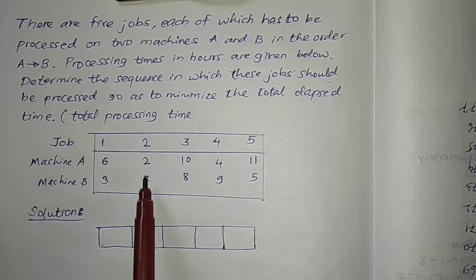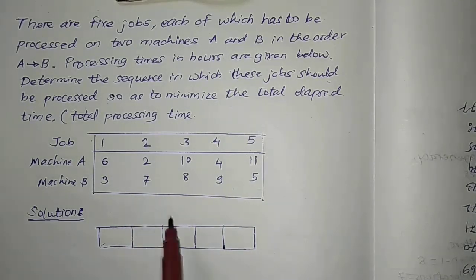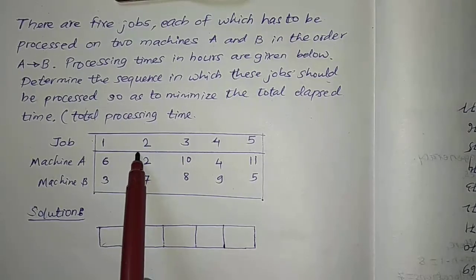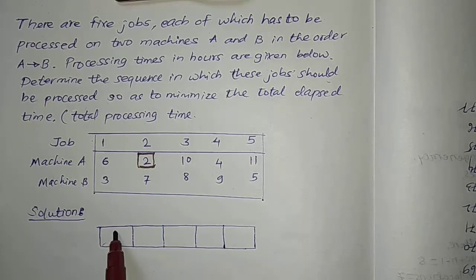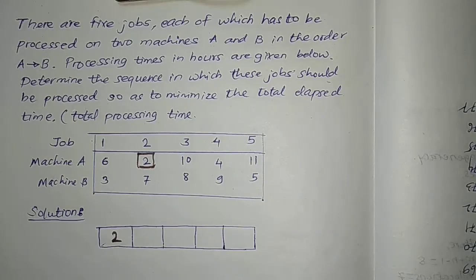Now if you observe here, this is the smallest processing time in the given processing times. So it lies on the first machine, machine A. So I will write job number 2 at the extreme left. Now I will eliminate this job from further processing.